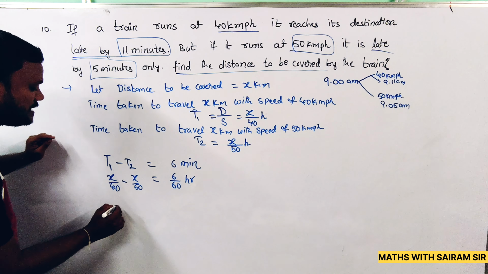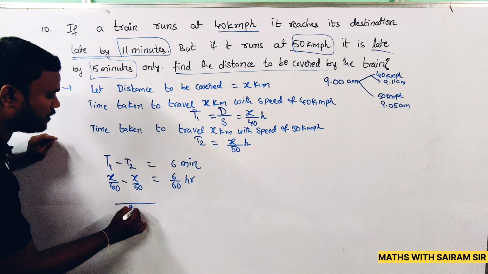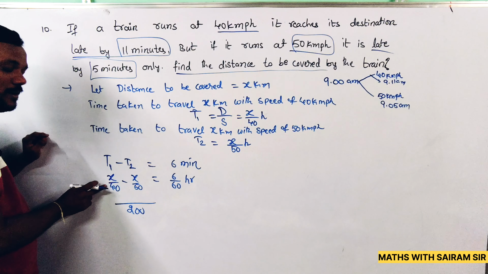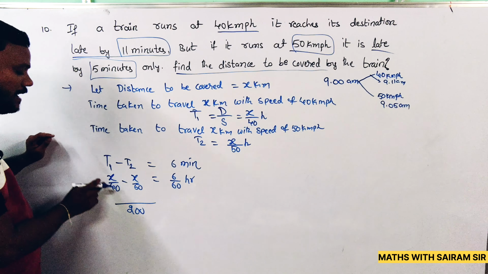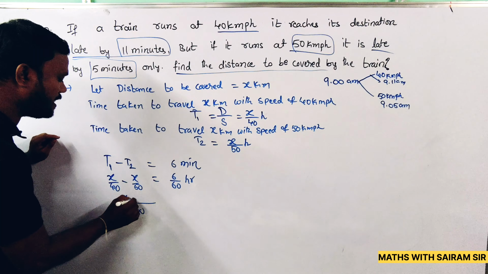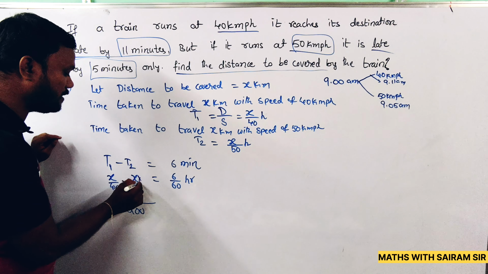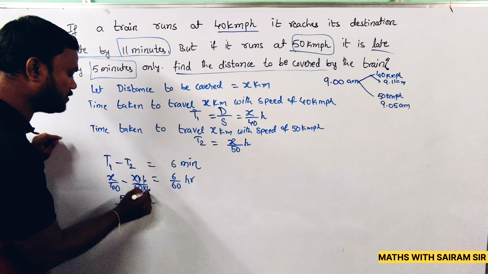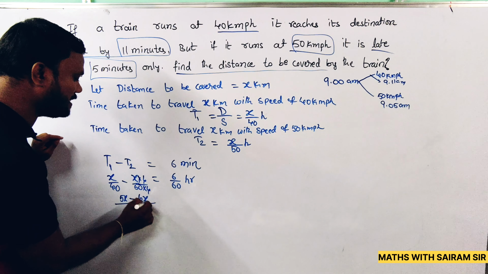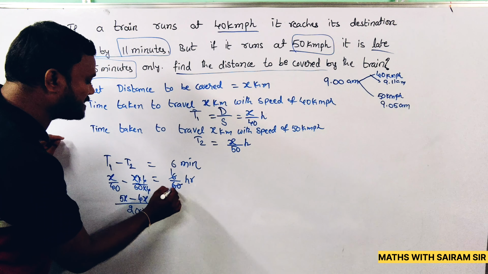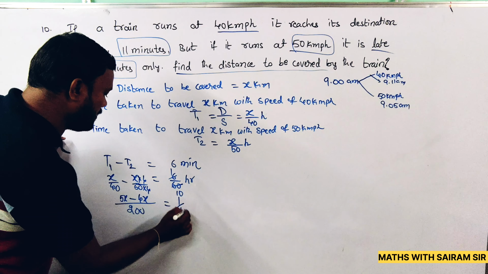The LCM would be 200. To make this 40 into 200, we should multiply it by 5, so this will be 5x, and to make this 50 into 200, this should be multiplied by 4, on both the numerator and denominator. So that 4 into x is 4x, and 6 by 60 gives you 1 by 10.